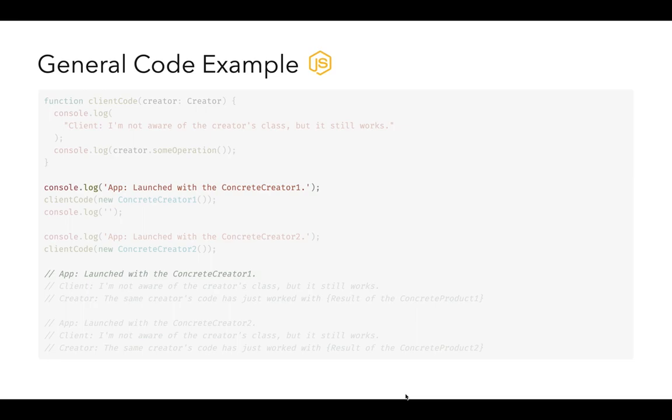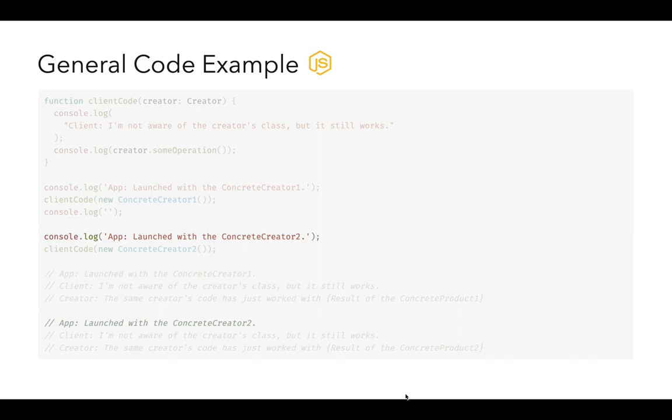So in the main function, we launch with the concrete creator one, passing the new concrete creator one statement to the client code, which is a helper function. It will print out on the command line that it is a client and call the some operation method of the creator.